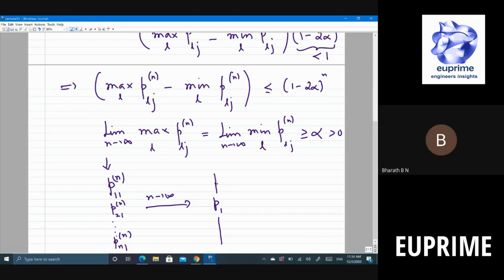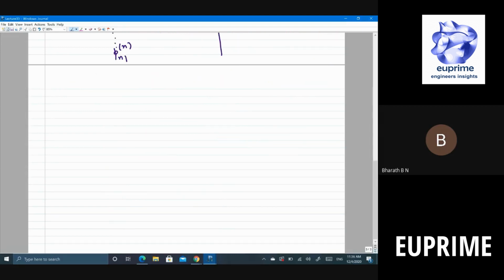Now let's extend this. The second result is that if you have a finite state Markov chain and it is ergodic, then Pij in some step h is greater than 0, where h is at least (m minus 1) squared plus 1. That is something that we saw. We didn't prove it, but we stated the result.